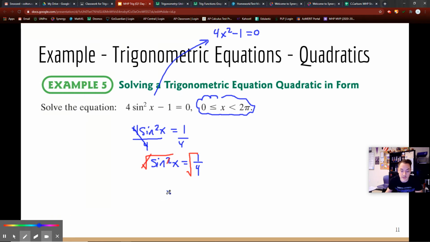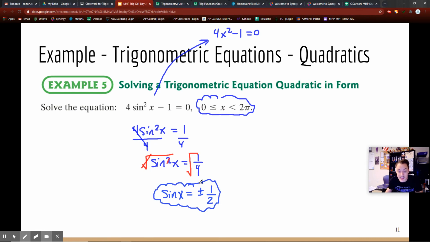So now what I'm left with is sine of x, which is what I want. And then what I'm left with is not just plus, but plus or minus 1/2. That's the square root of 1/4. It's plus or minus 1/2. Now, this, of course, helps me get to my answer, but it's not my answer.